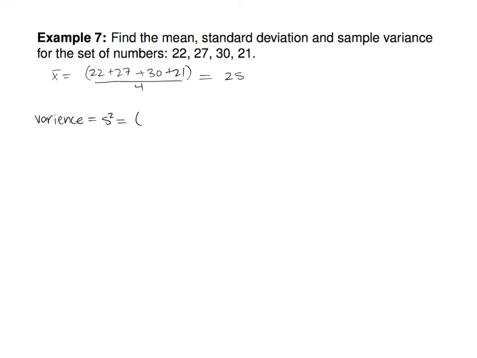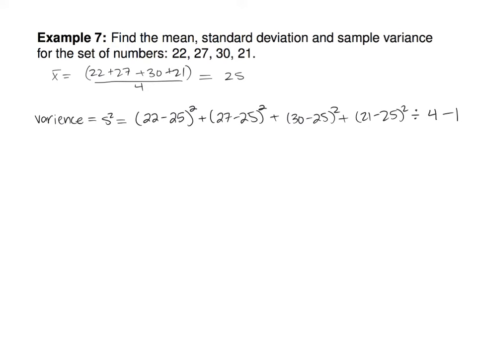And we do data value minus mean squared. So our first data value was 22 minus our mean, which is 25, and we square that. The next data value was 27 minus 25, and we square that. Then we have 30 minus 25, square that. And then 21 minus 25, square that. And we're going to divide that by 4 minus 1.